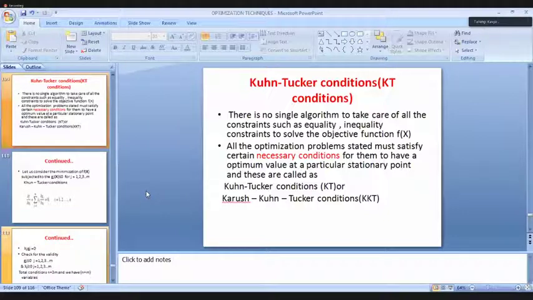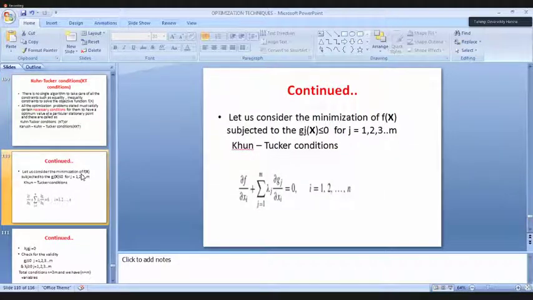Yes, sir. Thank you. Now, concentrate very carefully here. Let us consider minimization of a function. I've started with minimization of f of x, subject to a constraint. Which constraint did I take: equality or inequality? Inequality. Less than 0 or greater than 0?